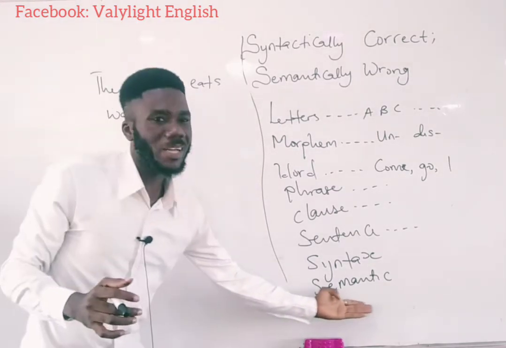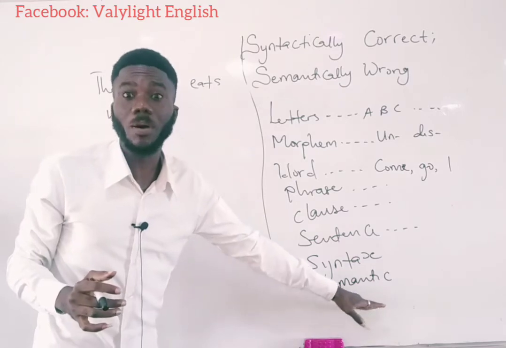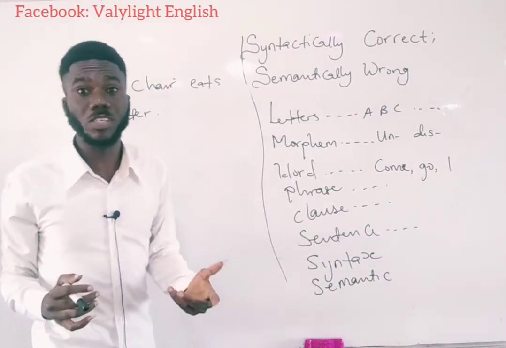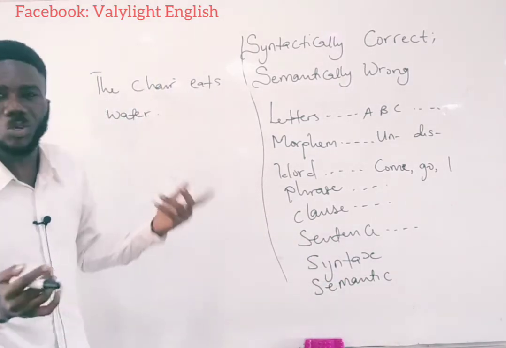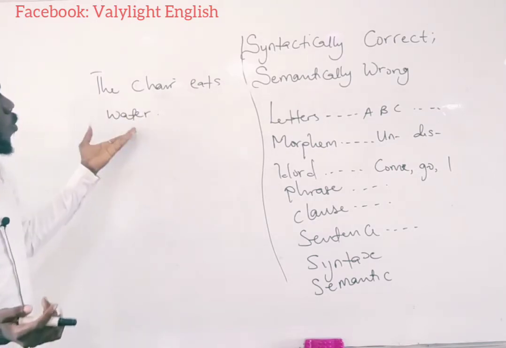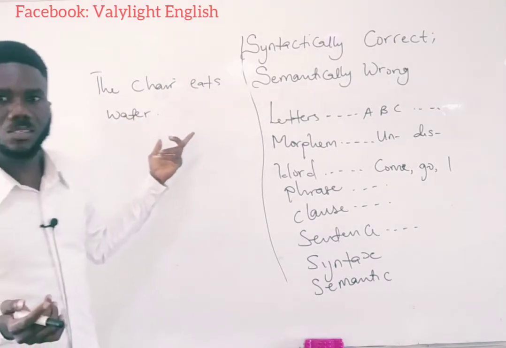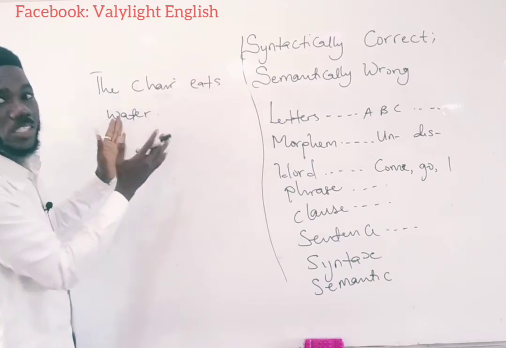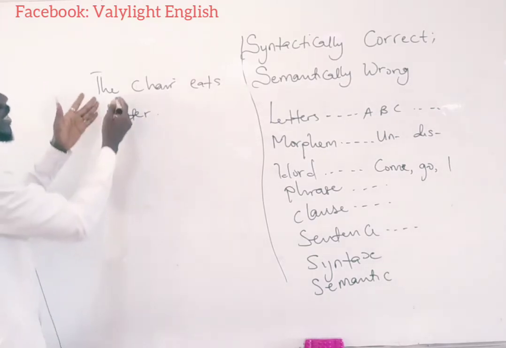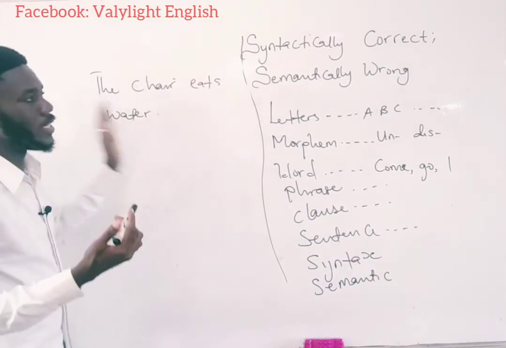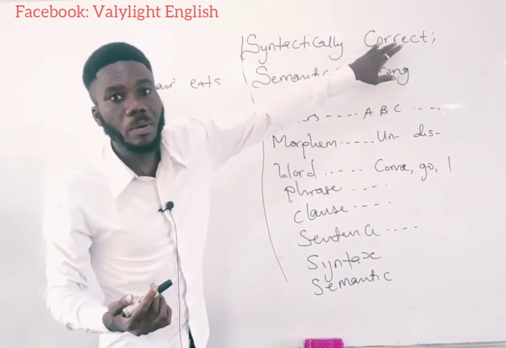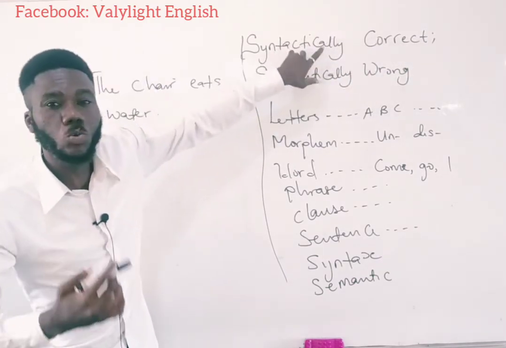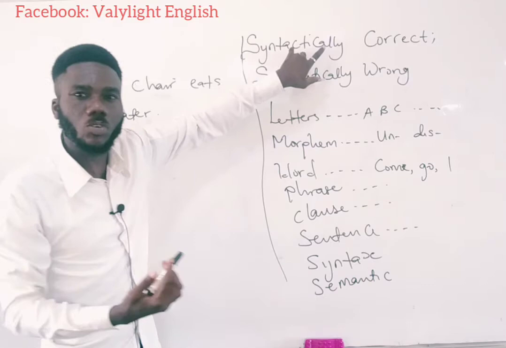But when you come to semantics, remember, the semantics talks about the meaning that the sentence conveys. When you take a look at this, what does it mean? The chair eats water. This sentence is meaningless. But it is well patterned. It is well structured, in the sense that it appears the way a sentence should be. Syntactically correct. Remember, syntax talks about the rules governing the structuring of a sentence.